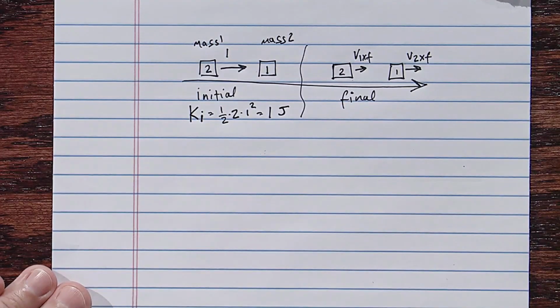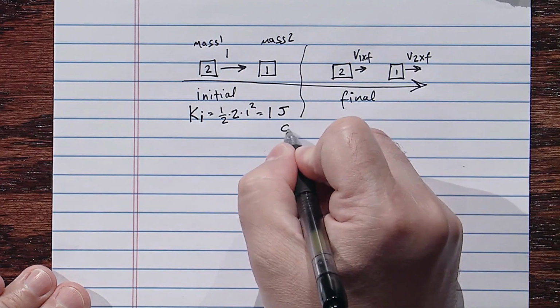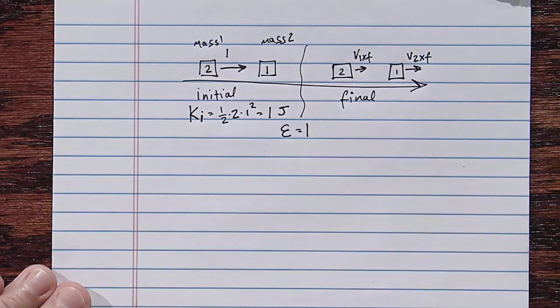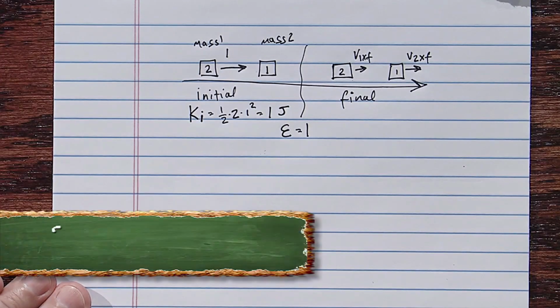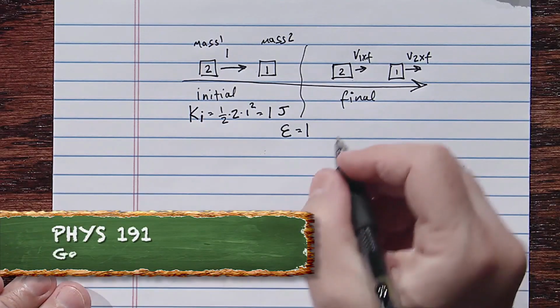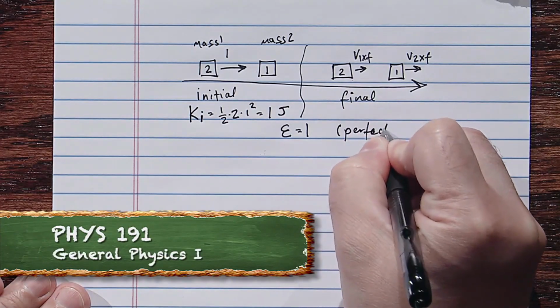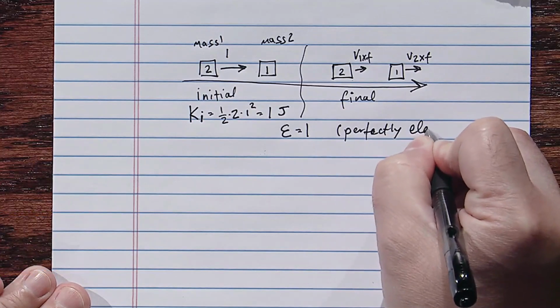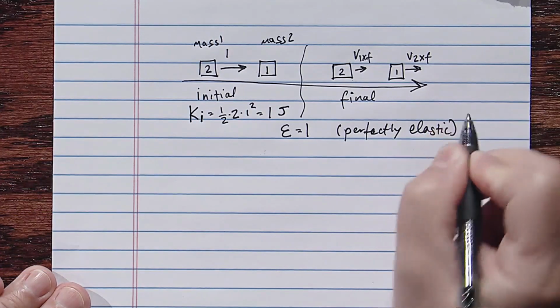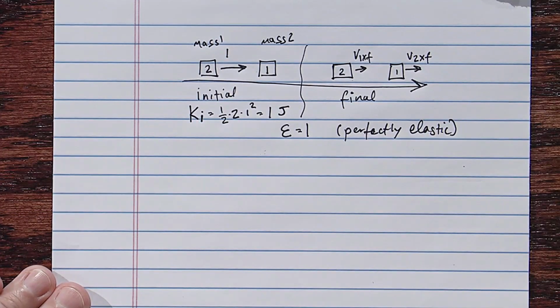So we start off with 1 joule of kinetic energy. Let us first try out the case where the coefficient of restitution is equal to 1, or we have a perfectly elastic collision.